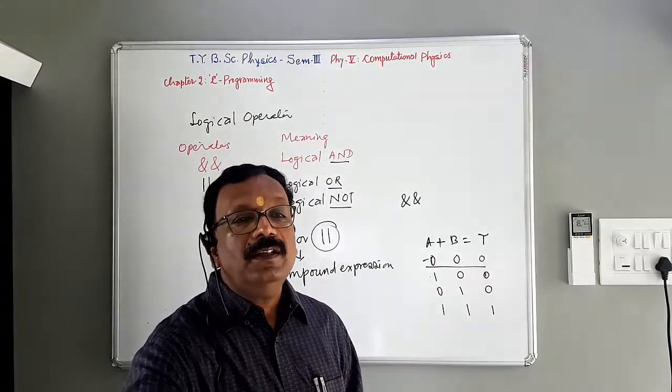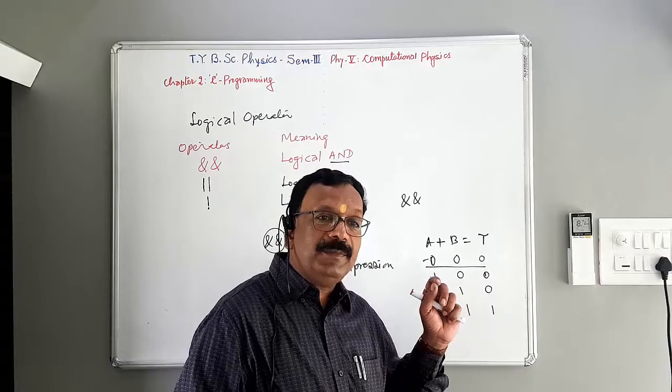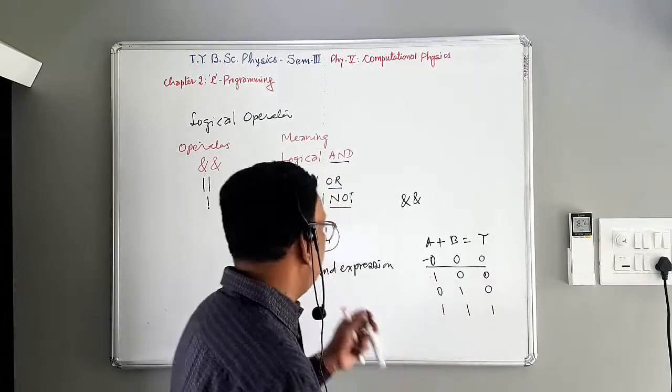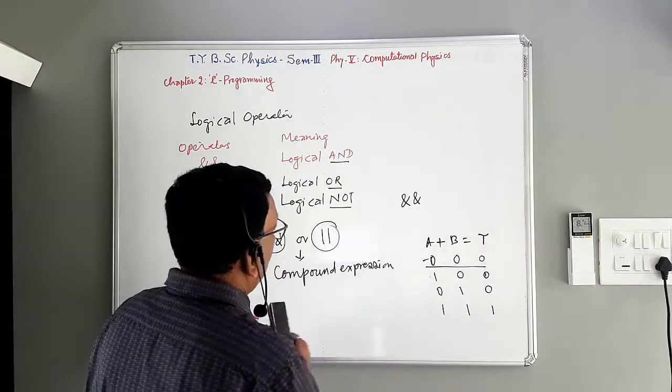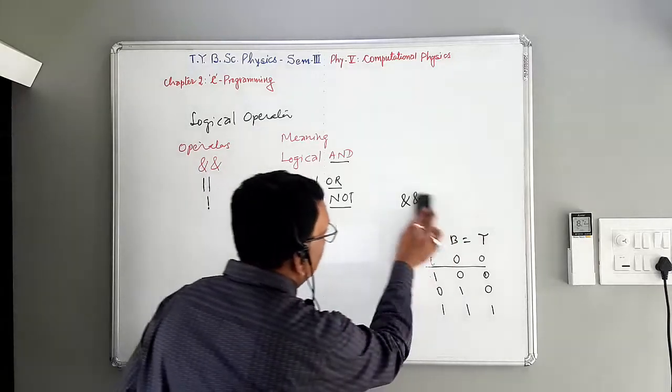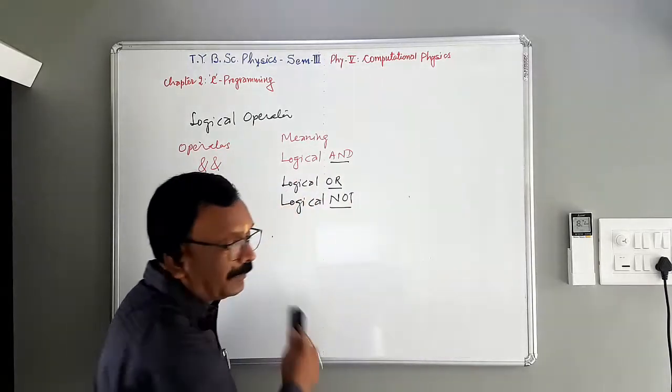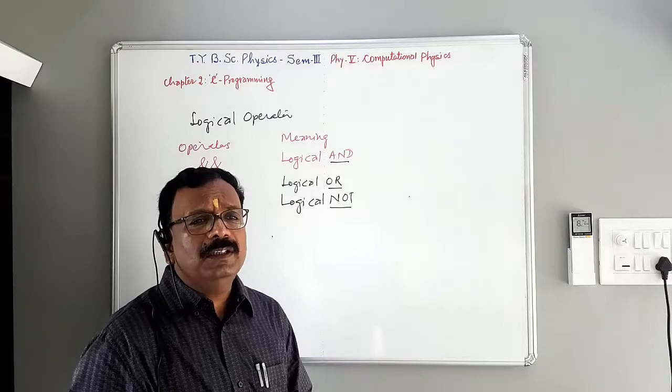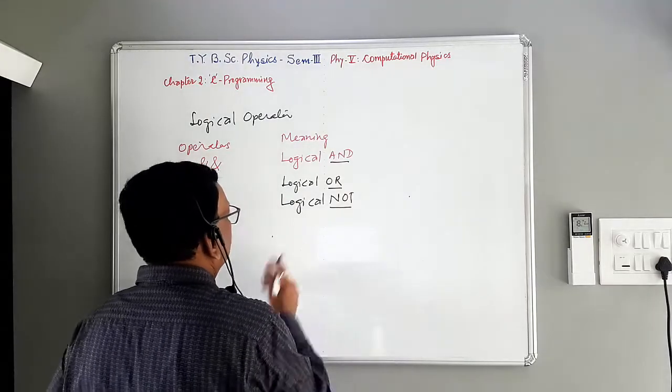Okay. Now, we are going to see some examples of this logical OR, logical AND and logical NOT.